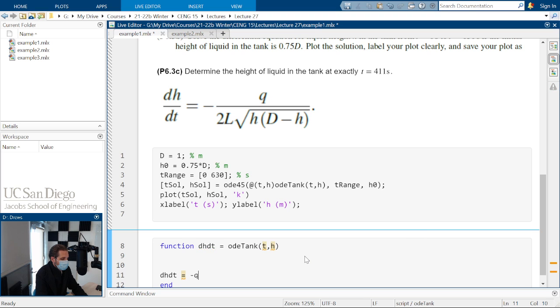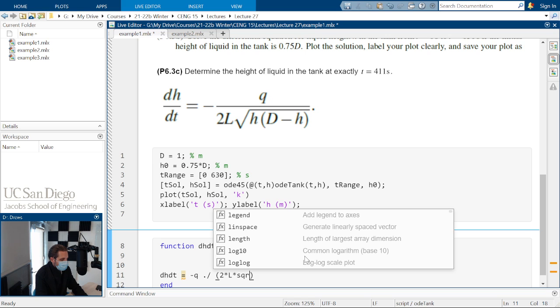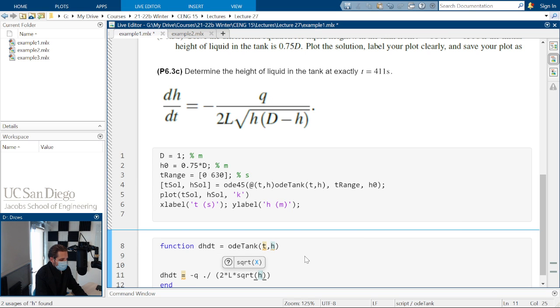So minus q divided by a quantity of 2 times L times the square root of h times d minus h. So this is our bottom bun. If we're doing top bun, bottom bun, I guess we could add on here, no need for a top bun, since t and h are inputs.